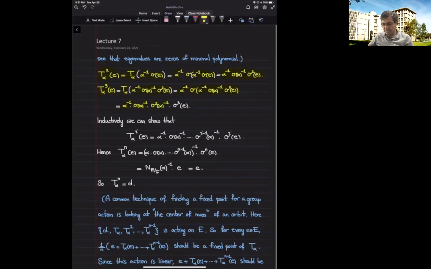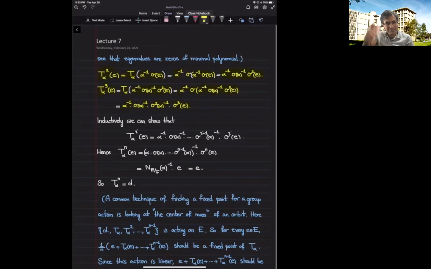And finally, I get sigma of sigma squared, which is sigma to power 3. So you see there is this pattern: alpha inverse, sigma of alpha inverse, sigma squared of alpha inverse, and then sigma to power 3 of E. This is for power 3 of T sub alpha.